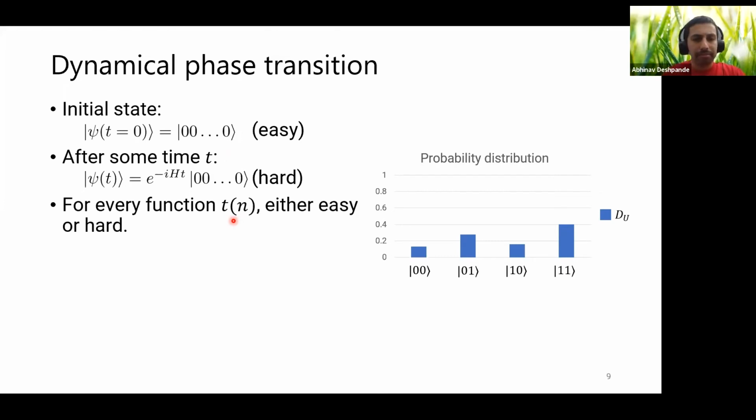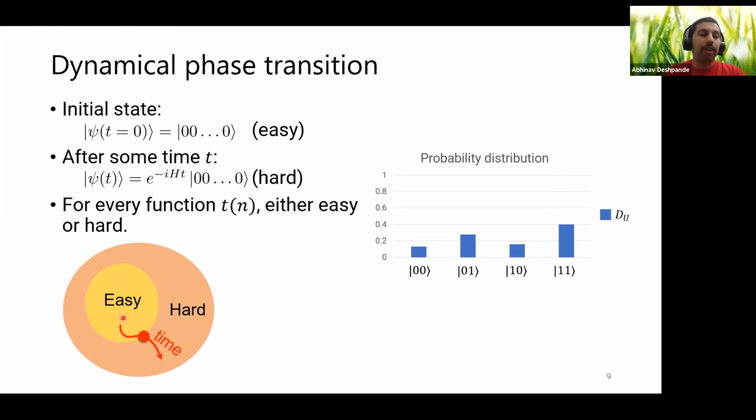So pictorially, if this is the set of easy to sample from states, and we start off somewhere here, you can imagine that time evolution takes you outside of this set at some point in time. And we are interested in this earliest possible time, t star, at which you go from easy to hard.